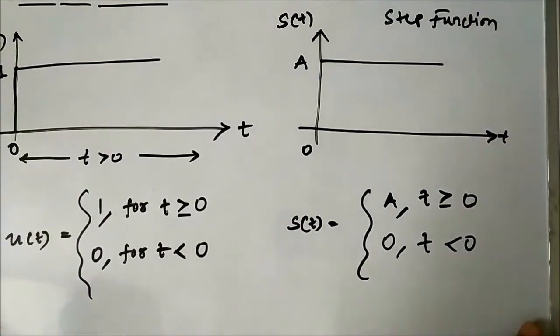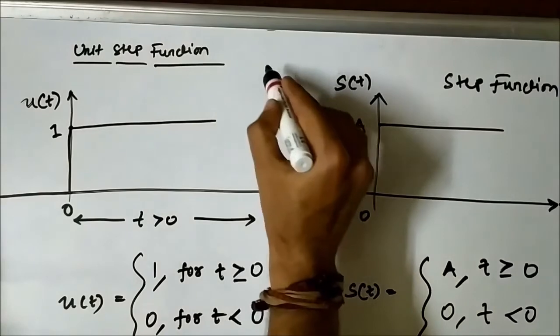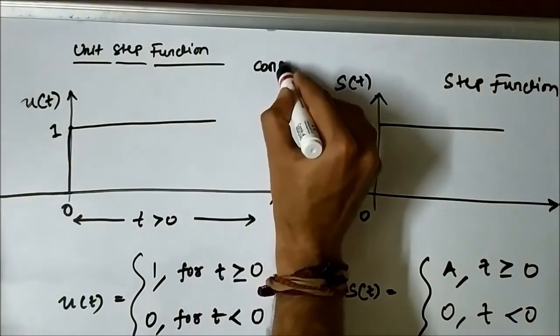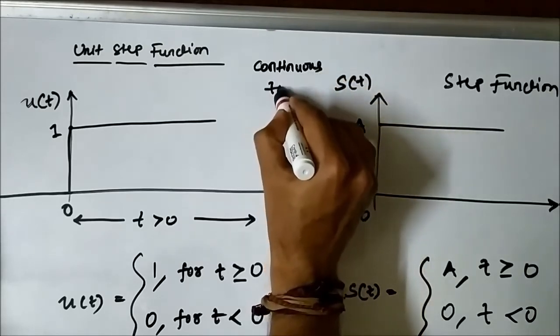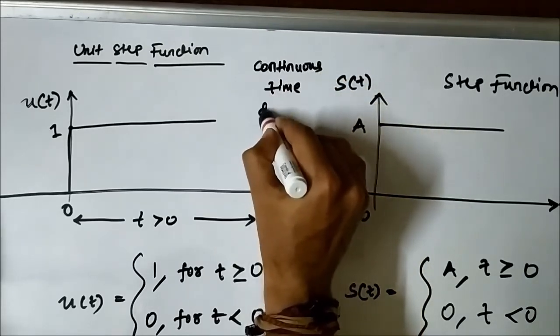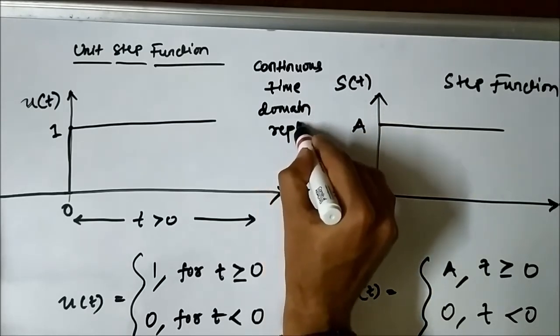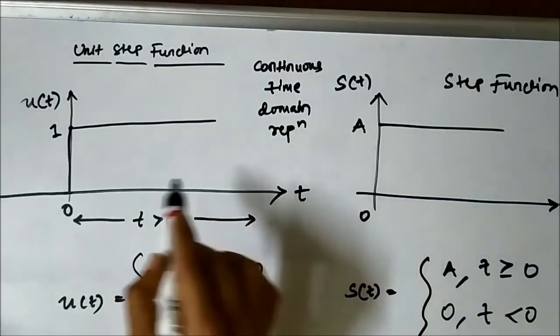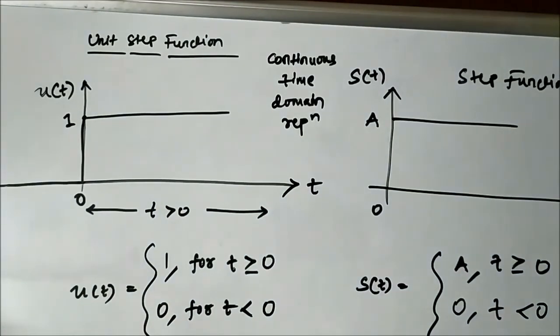Now this is the continuous time domain representation. The signal is continuous, it is defined at each and every instant of time.